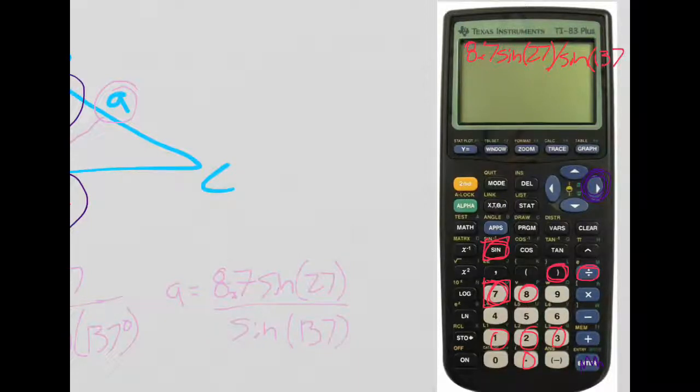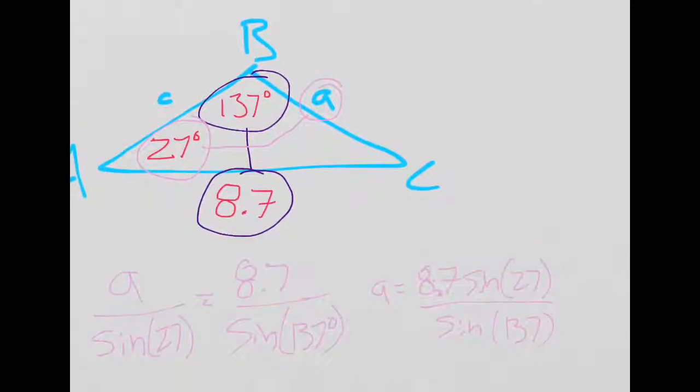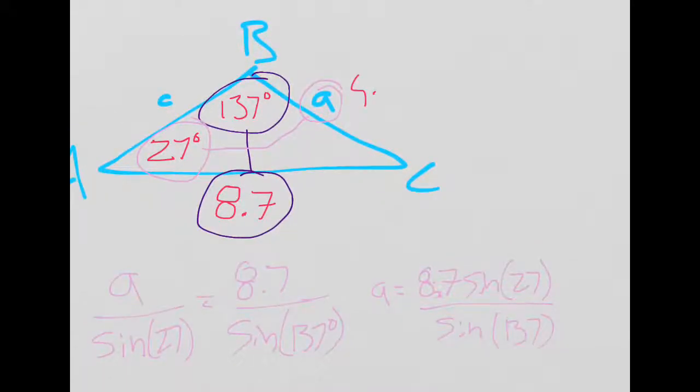It doesn't even matter if you close the parenthesis or not, but you can if you're nervous. Hit enter, and you should find 5.791. And again, that is side A, 5.791.